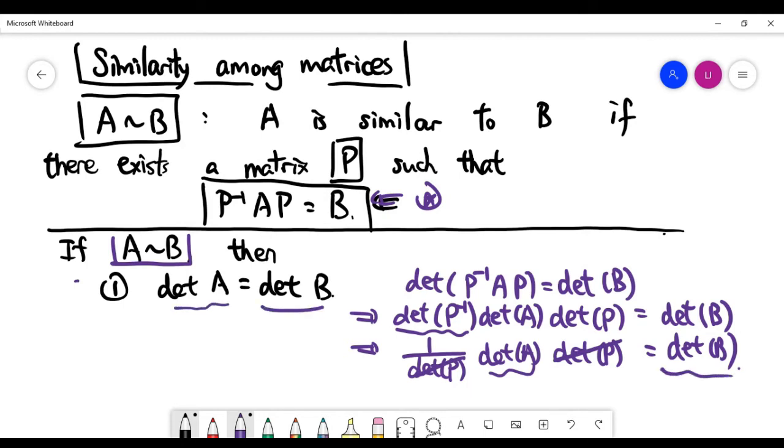And let's look at the second property. But before that, please think of it as an invariant in the sense that whenever two matrices are similar, the determinant of them must be the same. But the opposite may not be true. The opposite means if I give you two matrices with the same determinant, it does not automatically imply that they are similar.